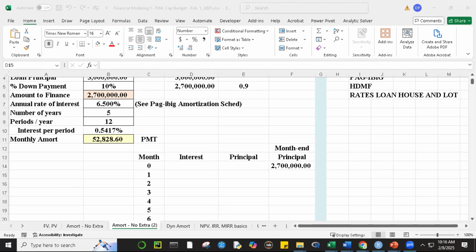And I'll leave you as an exercise to compare between 5 years, 10 years, 15 years. Of course, the decision will be based on the capability of the couple or of the persons to pay the loan. 53,000 for some, but they could afford it.